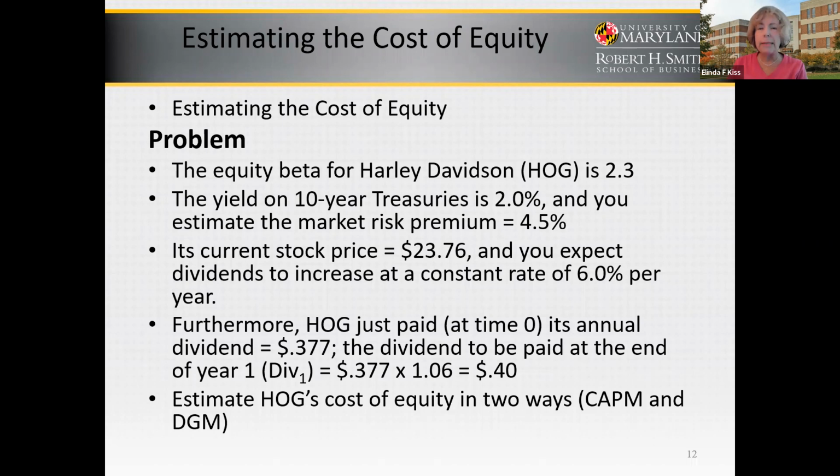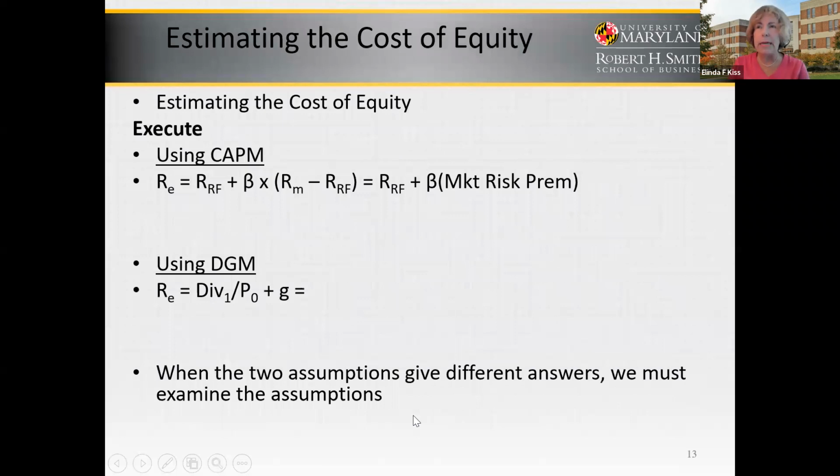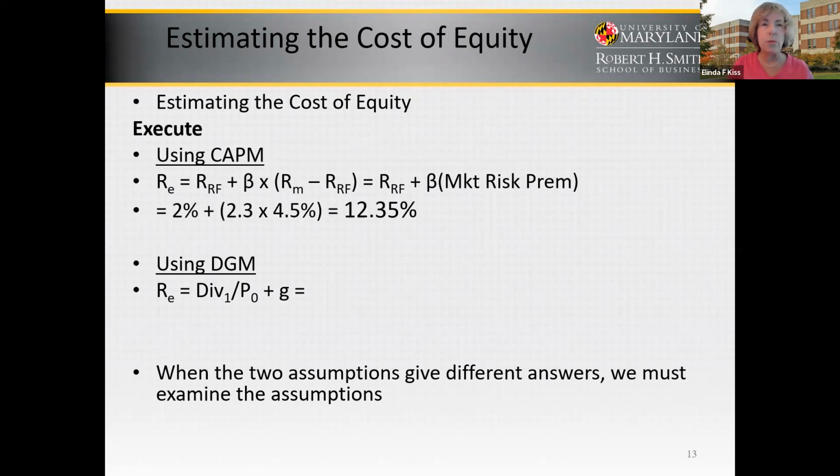With the capital asset pricing model, we know that the cost of equity equals the risk-free rate plus the equity beta for the company multiplied by the market risk premium, which is the return on the market minus the risk-free rate. In this problem, we know that the risk-free rate is 2%, the beta is 2.3, and the market risk premium for this whole term of holding the stock is 4.5%.